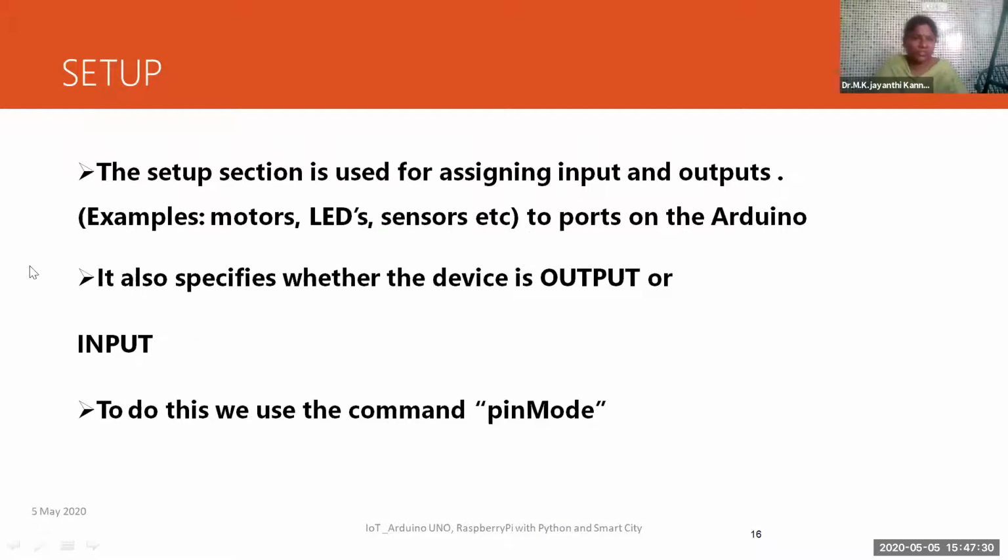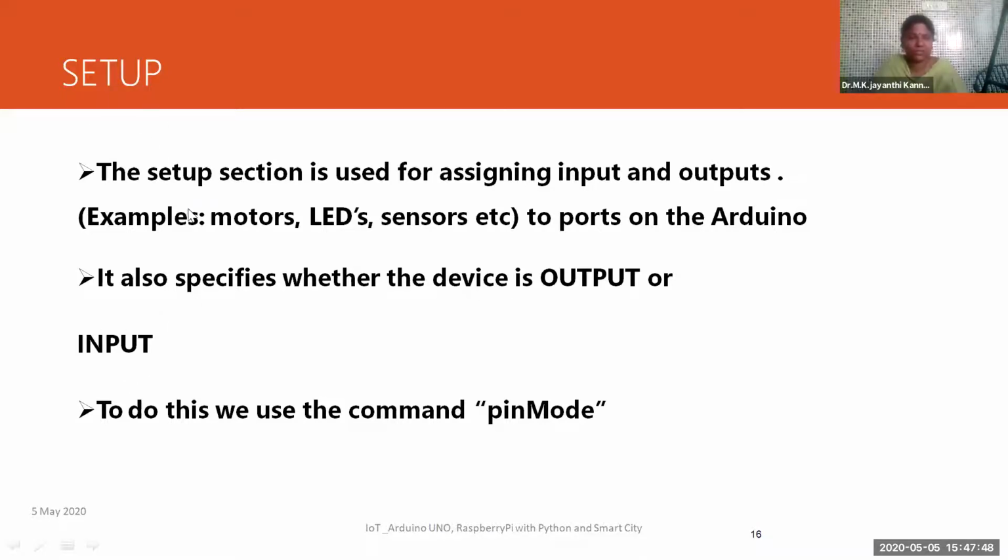So what does the setup function mean? The setup function is used for assigning inputs and outputs. For example, motors, LEDs, and sensors can be configured using this setup function to ports on the Arduino board. It also specifies whether the device is an input device or an output device.